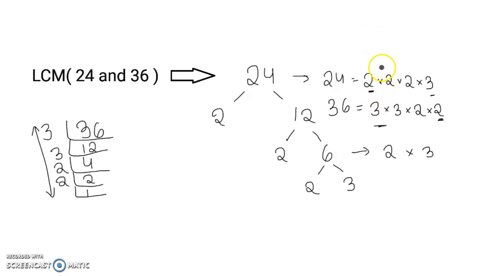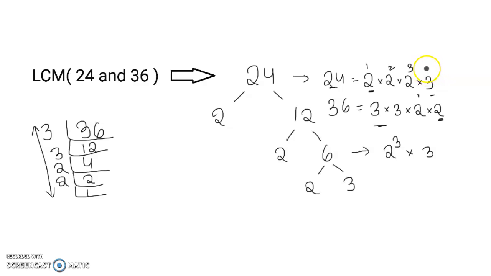We see that in the prime factorization for 24, 2 occurs 1, 2, and 3 times. And for 36, we see that 2 occurs 2 times. So the most number of times 2 occurs is 3 times. So I will do 2 to the third power.